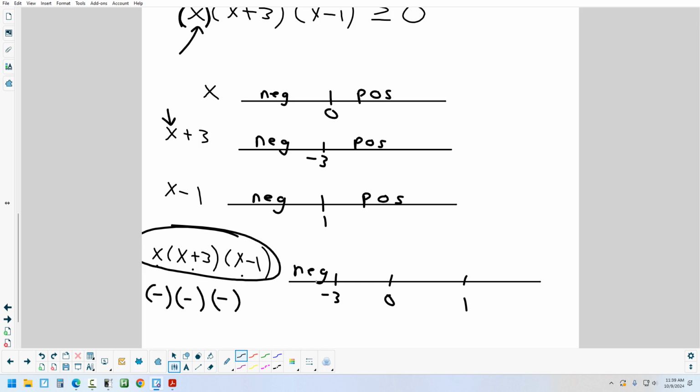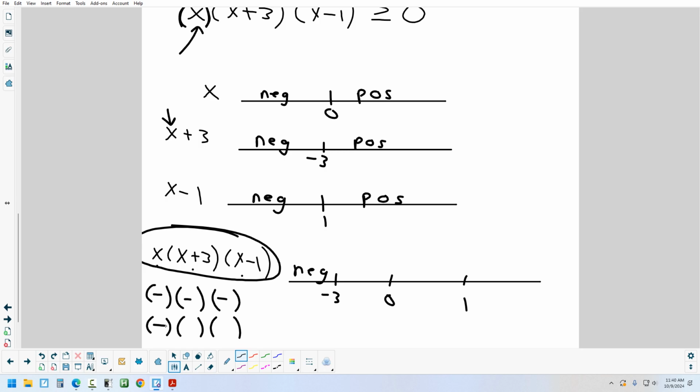Okay. Now let's look at the numbers between -3 and 0. In the top number line, if you are between -3 and 0, what part are you in? Nope, the top number line, between -3 and 0. You're definitely in one or the other. Negative. You're in the negatives, yeah.